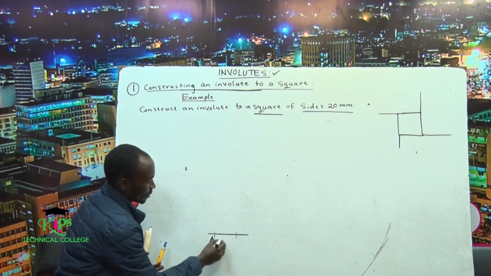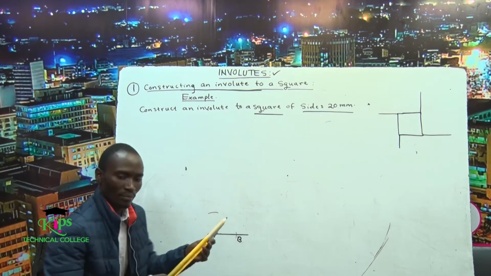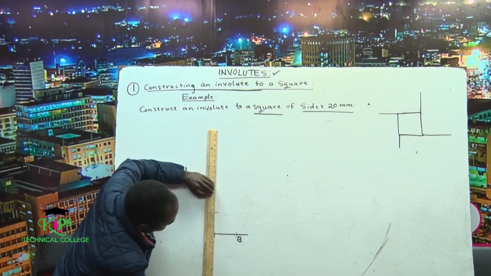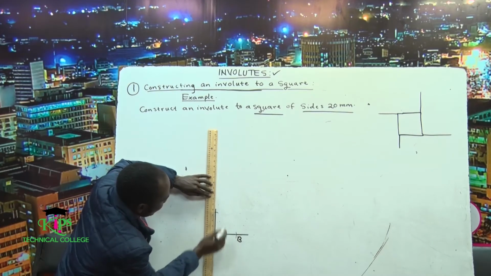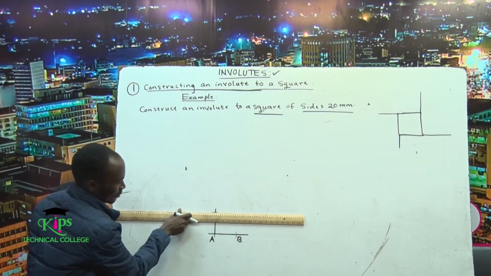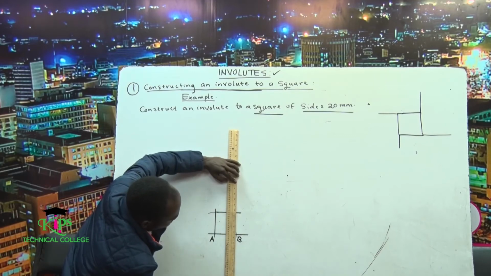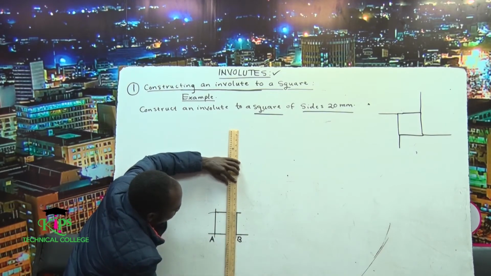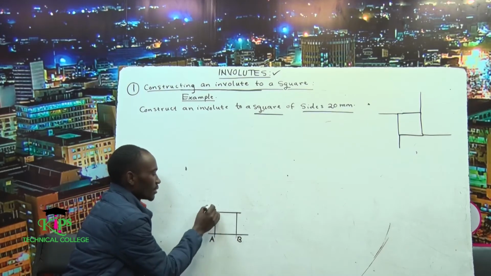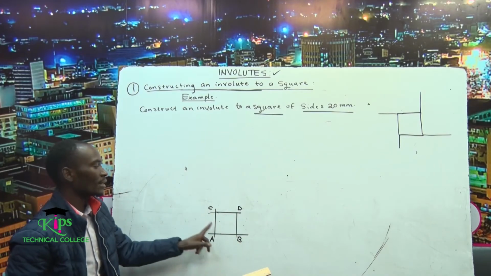This is A, then we have B. This is now your square of 20 millimeters sides. So this is A, B, C, D.